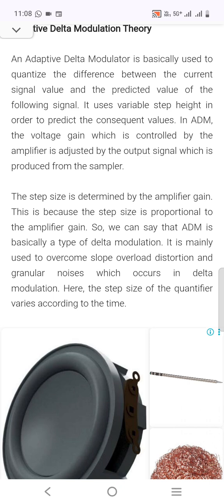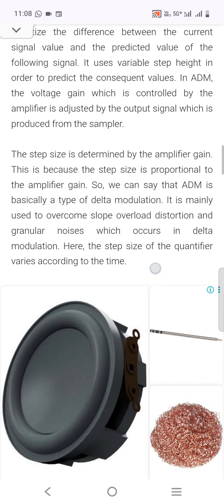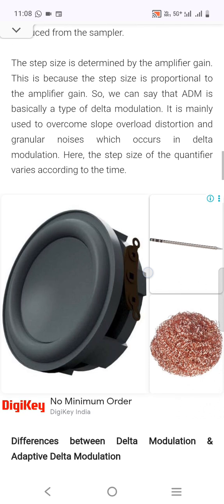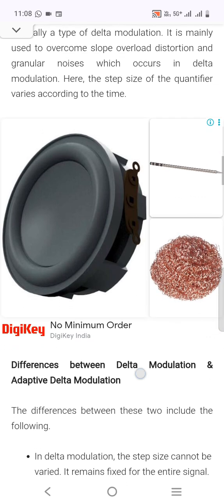The step size is determined by the amplifier gain, because the step size is proportional to the amplifier gain. So we can say that ADM is basically a type of delta modulation. It is mainly used to overcome the slope overload distortion and granular noise which occur in delta modulation. Here the step size of the quantizer varies according to time.